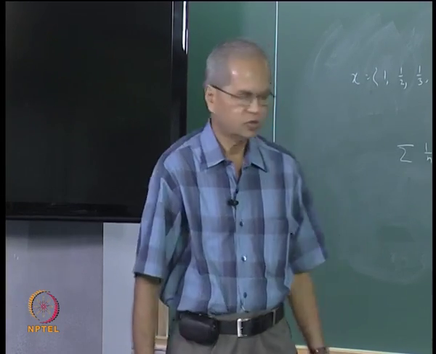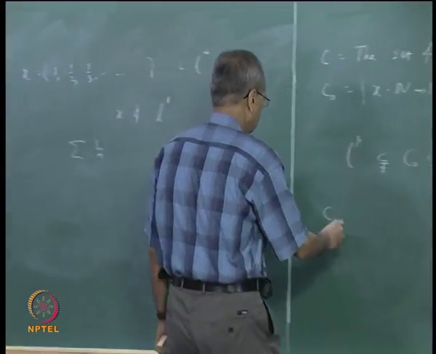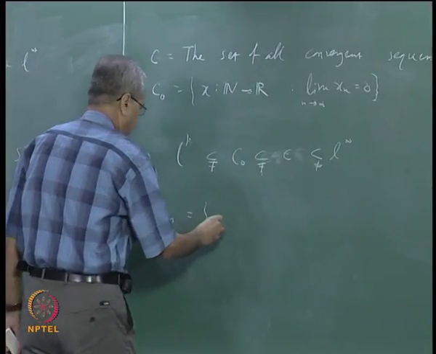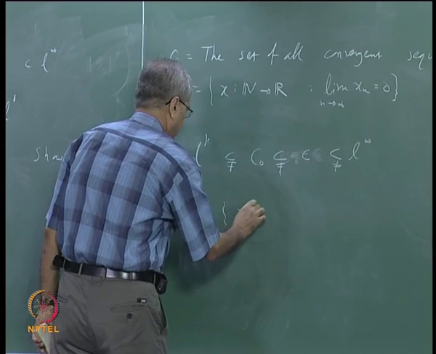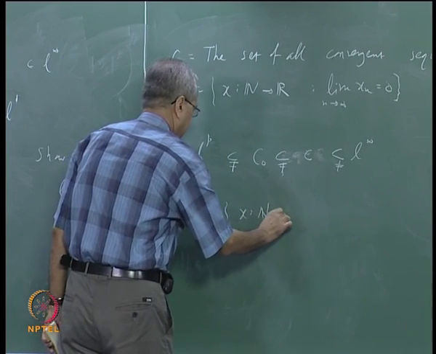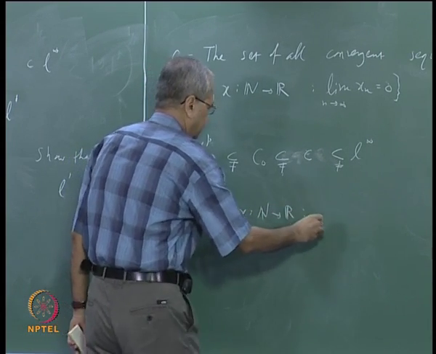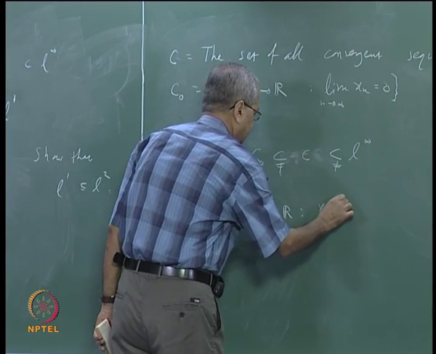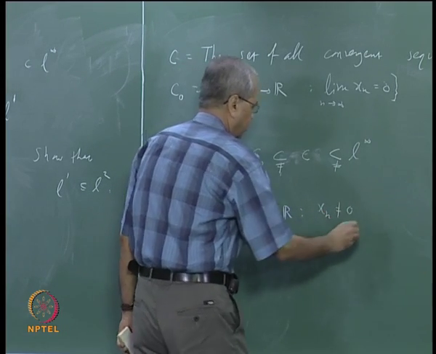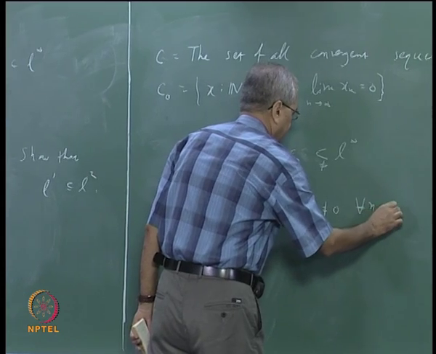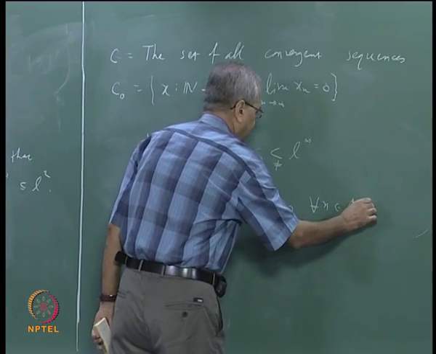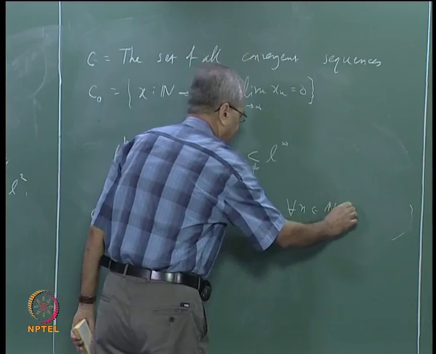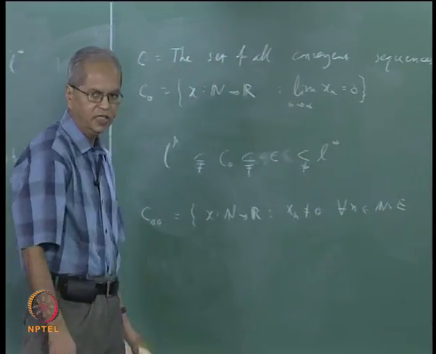So we can say: the set of all x from N to R such that xn is equal to 0 for all n belonging to N minus E, where E is a finite set.